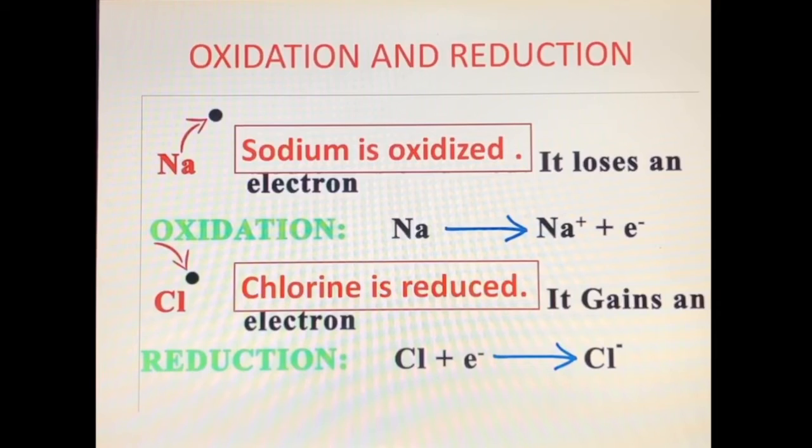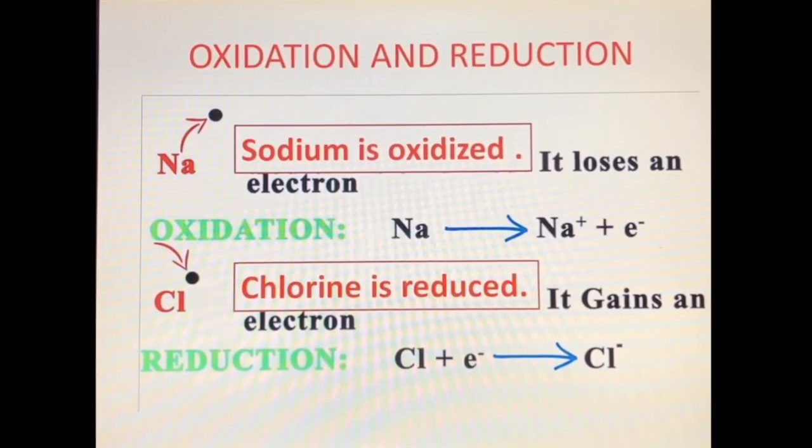The process of loss of electron by an atom is known as oxidation. In this process, an element or atom of an element becomes positively charged by loss of one electron, and the process is known as oxidation. The gain of electron by an element is known as reduction.